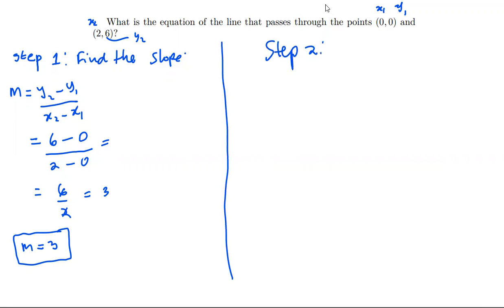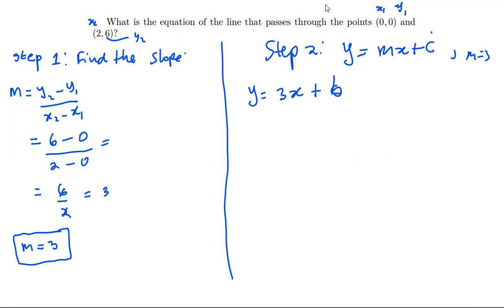So step 2 in this case is we just use the equation y is equal to mx plus c to find the equation of the line. And we already know when we calculated that m is equal to 3. So y is equal to 3x plus c.